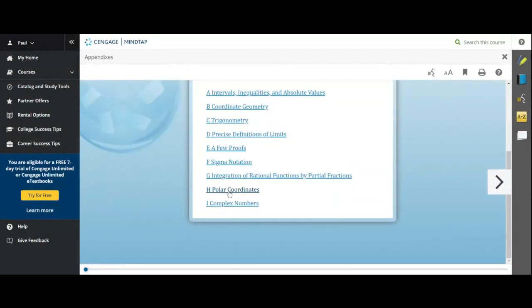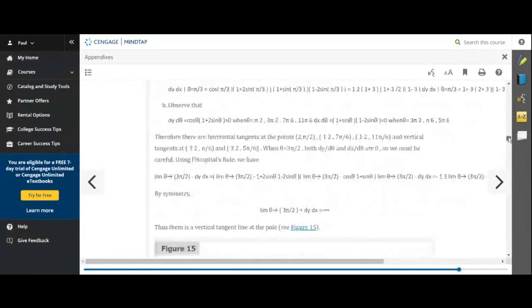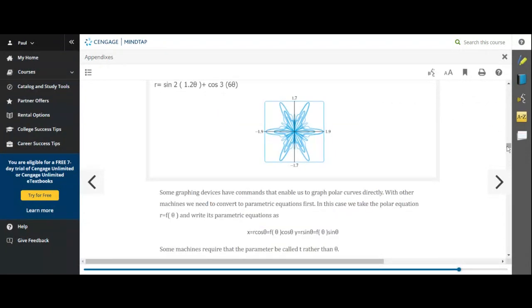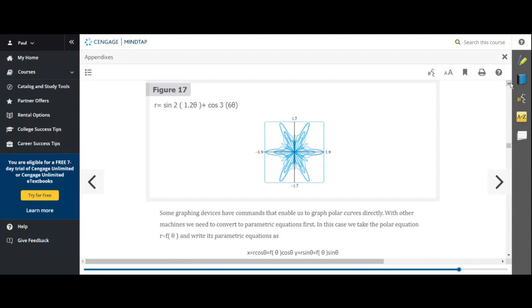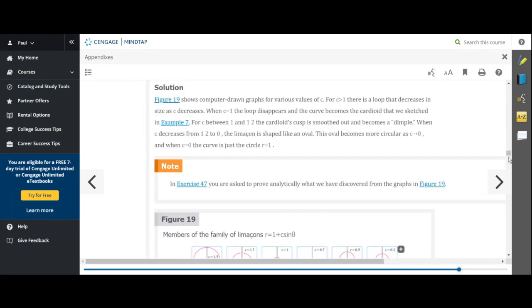All right, so I'm in polar coordinates right now. Look at some of these polar graphs. Look at that. Isn't that incredible? This is actually figure 17 from section H.1. All right, let me see here.